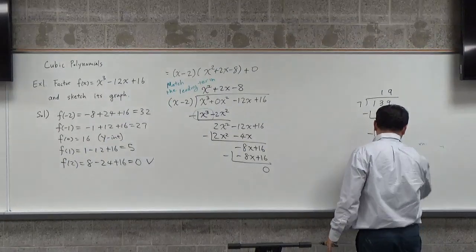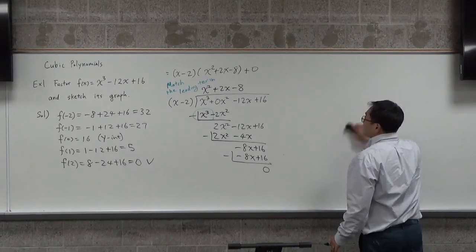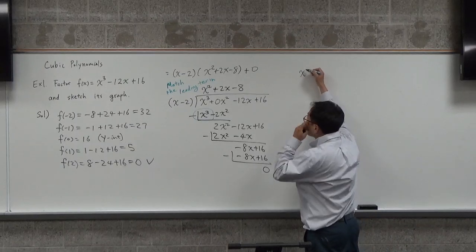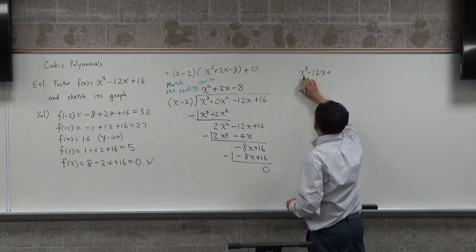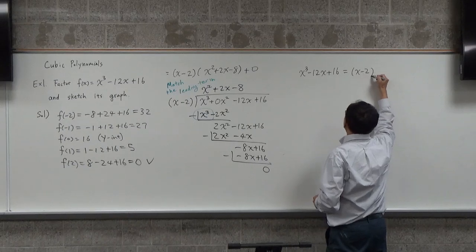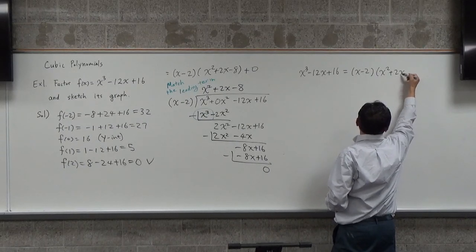But it's not done. It's not over, because we still can take this and factor further. So here we have so far that x cubed minus 12x plus 16 is equal to x minus 2 times x squared plus 2x minus 8.